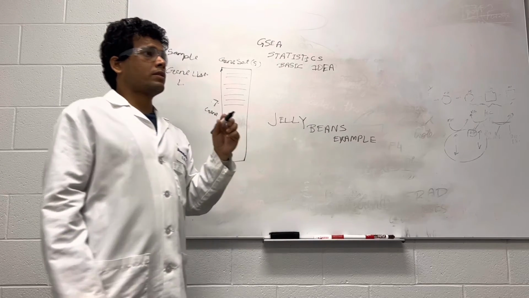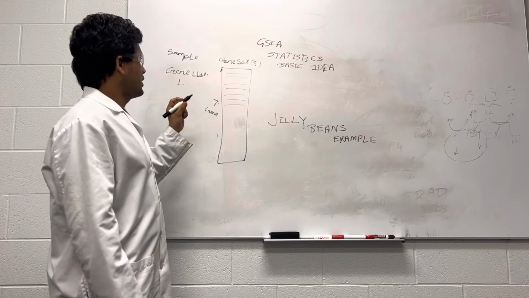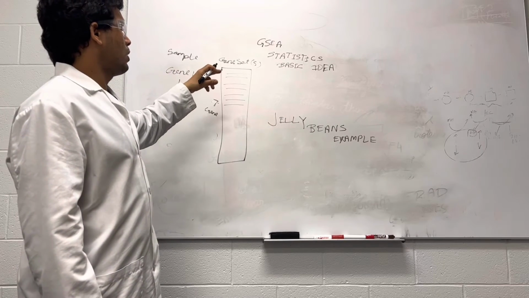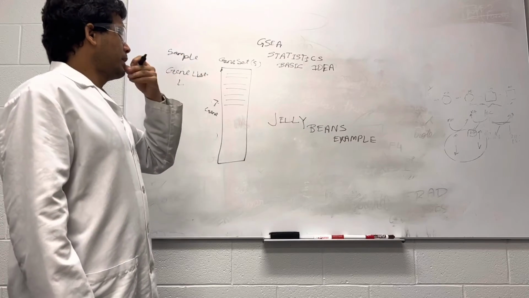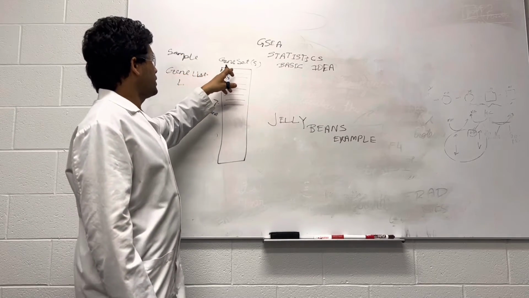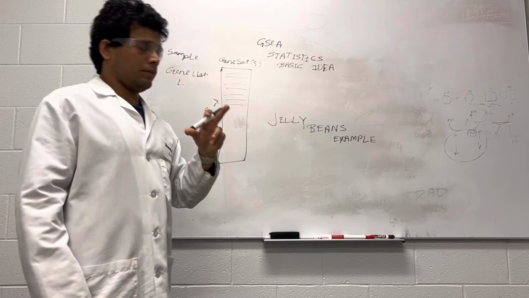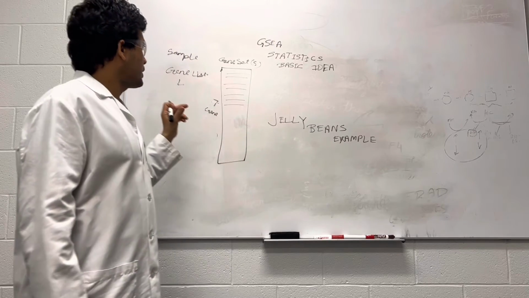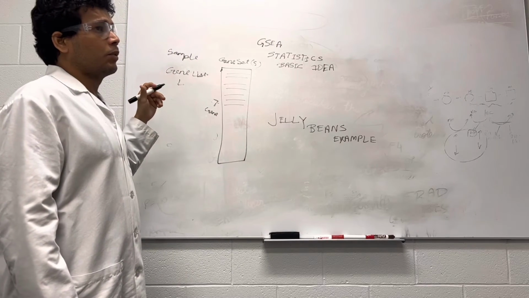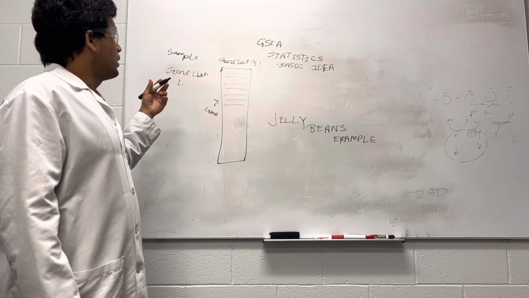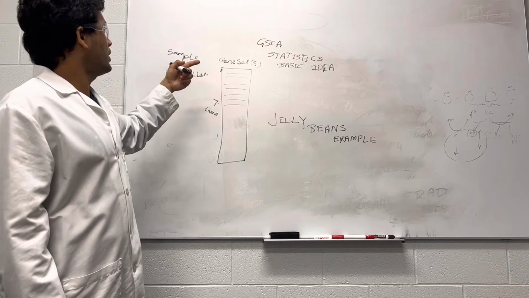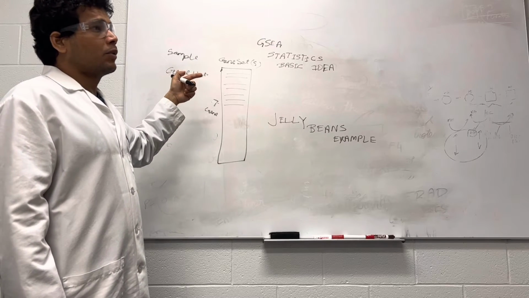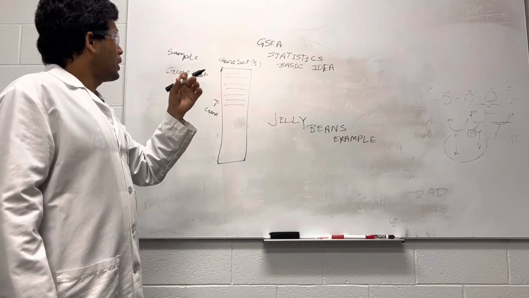To calculate the false discovery rate, we take the percentage of enrichment scores that are above the enrichment score of the gene set for the true data.